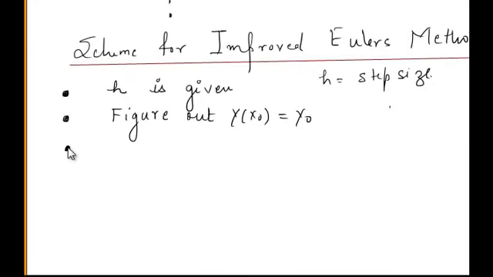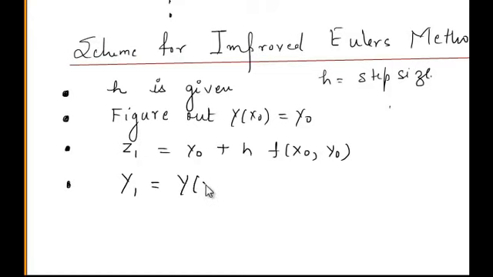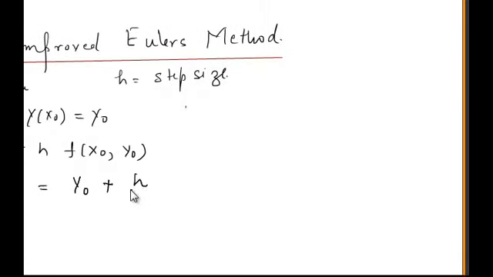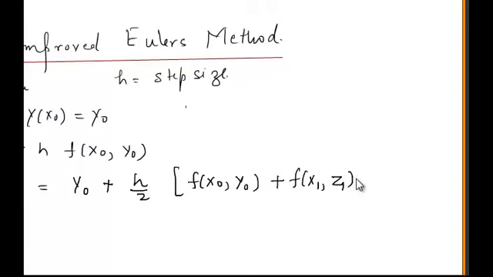Now the next point is find z1. Using Euler's method and the initial condition, find the intermediate approximation. Having the intermediate approximation, go for the first approximation of the solution, which is y naught plus h over 2 times f of x naught y naught plus f of x1 z1.